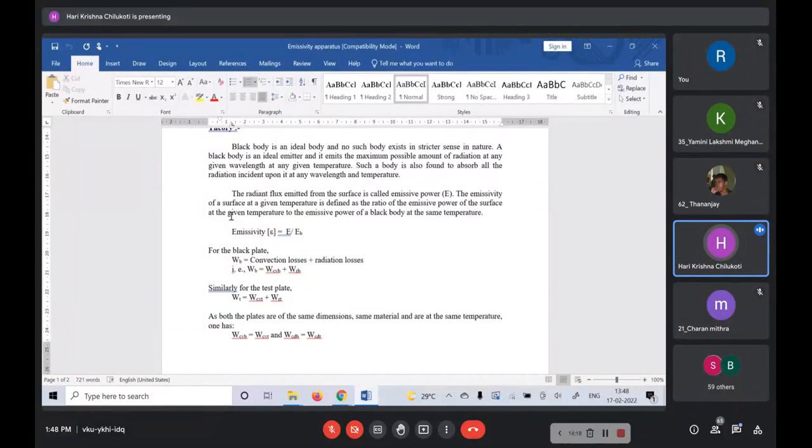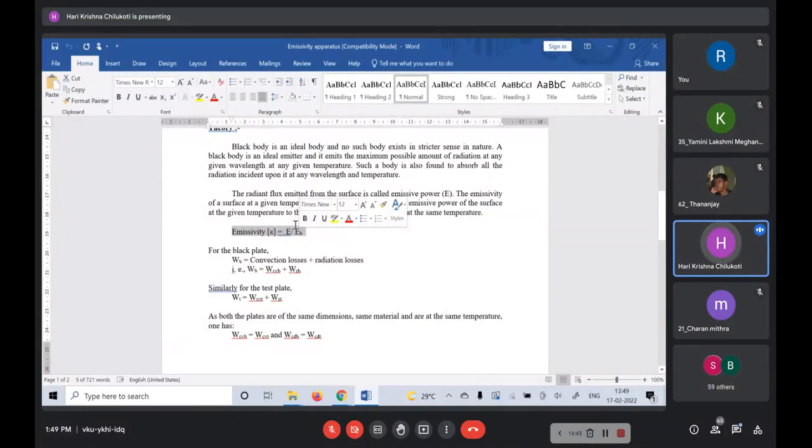Note that the emissivity of a surface depends on the temperature. As per the emissivity definition for a simple surface, emissivity epsilon is equal to the emissive power of a surface at a given temperature divided by the emissive power of a black body at the same temperature.